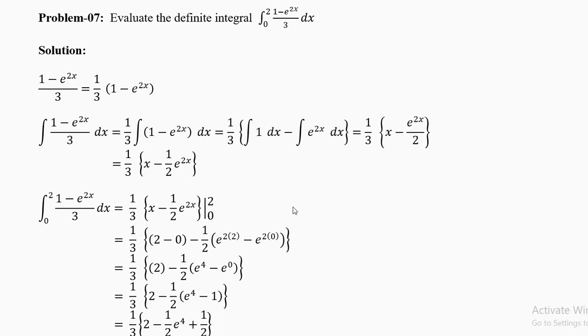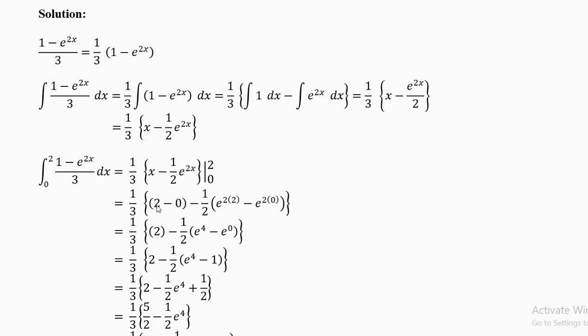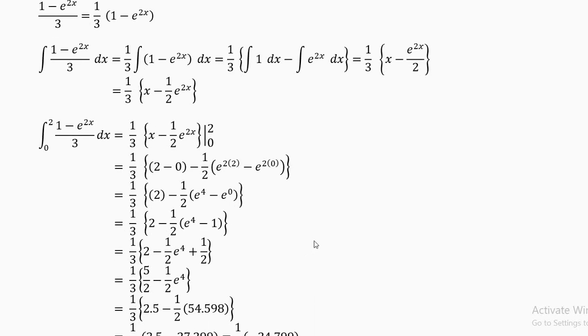Now put the numbers 0 to 2. First term is x. Keep 1 by 3 outside in all the steps except the last step, we will take it inside. 2 minus 0 is 2. Keep copying the 2 till the end. Then e power, take minus half common, e power 2x.